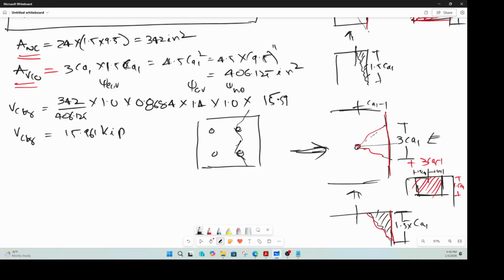VCPG, this is basic breakout. So this is for these two anchors, and you have this one. This is another. It's going to fail like that, right?